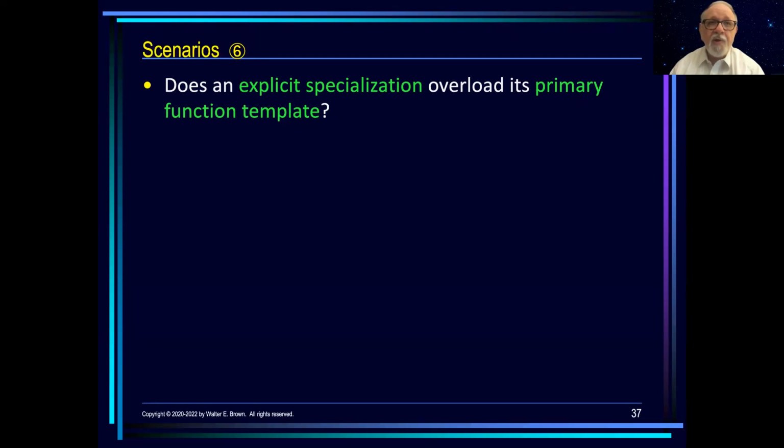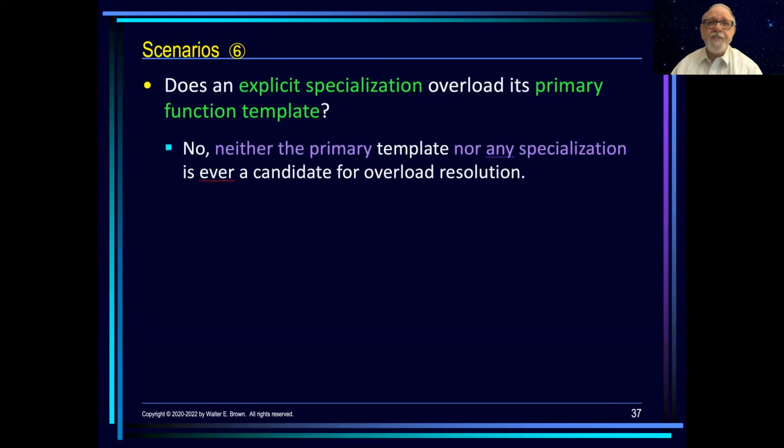And by now, I hope you will quickly answer no. Because neither a primary template nor any specialization is ever a candidate for overload resolution. The primary template is consulted perhaps so that a function declaration can be synthesized from it. But the primary template is itself not a candidate. The synthesized declaration would be. And specializations don't enter into this at all.